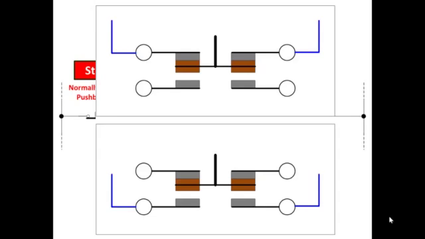In this case, we're going to say it's for the two push buttons, because remember, for a start button you have a normally open, which would be the one on the bottom. And for a stop button you have a normally closed, which is the one on the top. So if you look at the two sets of contacts, they are 100% identical. The difference is how they are connected. So normally when you buy an industrial push button, all you get is the operator, which is just the spring-loaded button that goes in and out, no contacts.